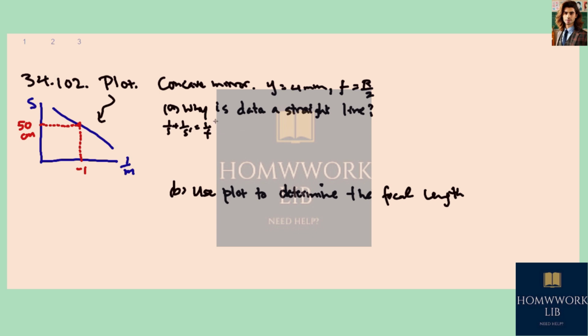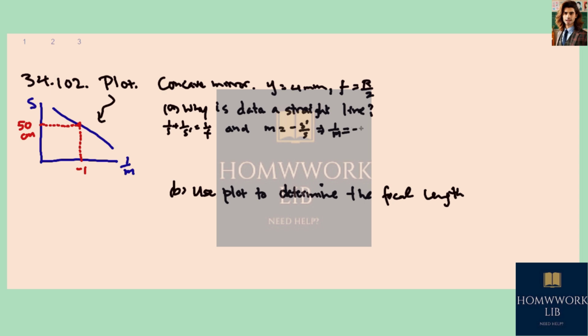So what we will do now is use this equation and also the equation for magnification, which tells us that it's minus S prime over S, and that's the image distance measured relative to the vertex of the mirror, and it's the object distance measured relative to the vertex of the mirror. And since our data is given in terms of 1 over m, let me just rearrange this equation to get 1 over m.